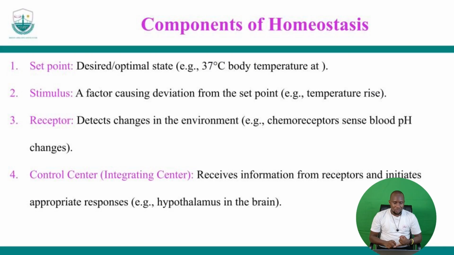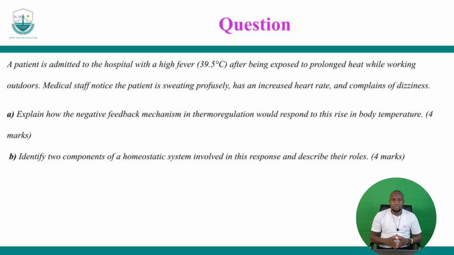Central nervous system is basically the control center as a component of the homeostatic system. Okay, so that is the second part of that question, and then the first part is also explained.